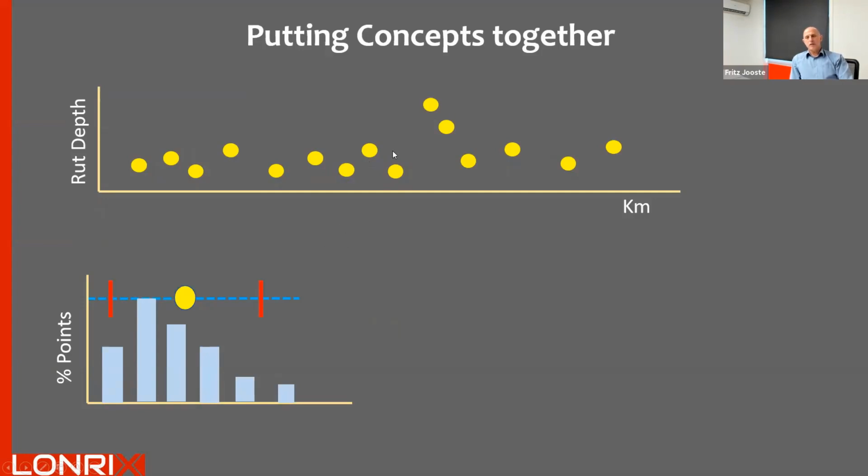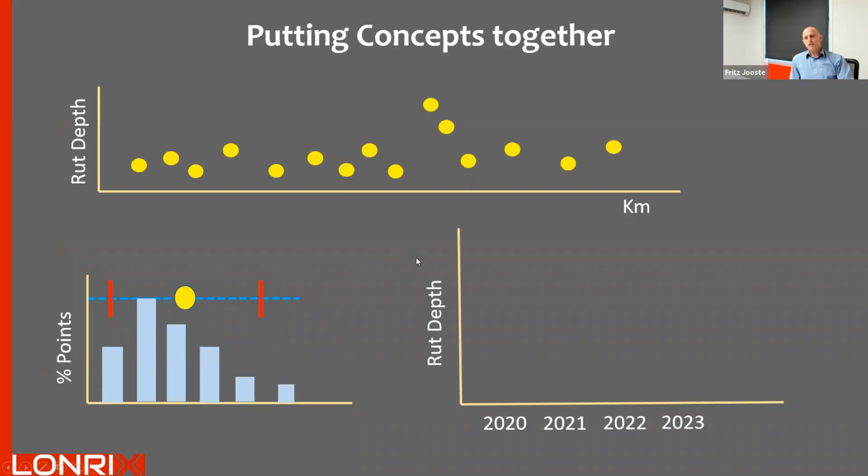Now, up to this point, the one dimension that we haven't looked at at all is the time dimension, because, of course, in asset management, your data is not just static. You get a new survey of data every year. And so it's very typical to want to look at data from different surveys in a graph like this. But of course, you can't do it in this type of graph because you've got a linear scale here.